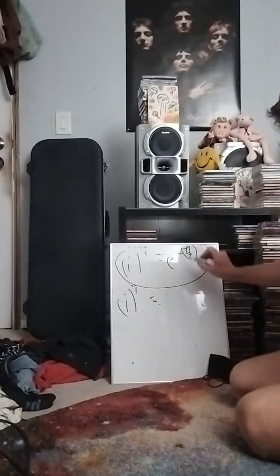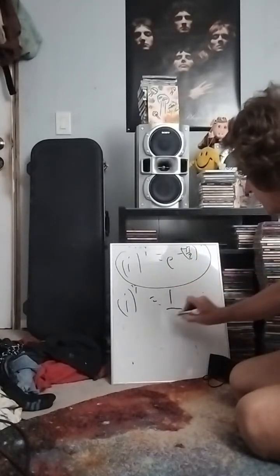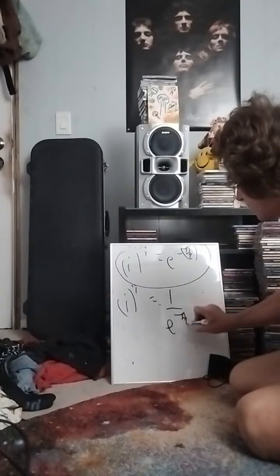first of all, e to the minus pi over 2 is 1 over e to the pi over 2.